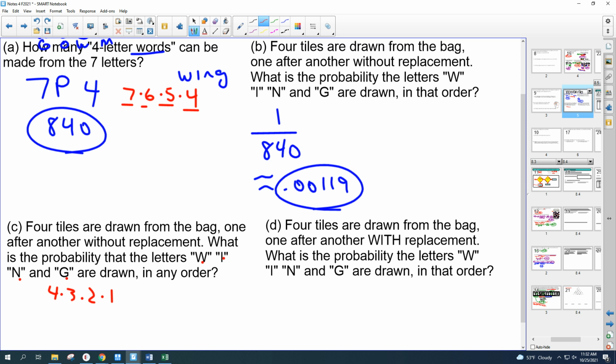So 4 times 3 times 2 times 1. You can look at that as a factorial, or you can look at it as a permutation. Out of those 4 letters, I'm picking 4 and putting them in order. Out of 7 times 6 times 5 times 4 total ways, or 7p4. It's 4p4 over 7p4.